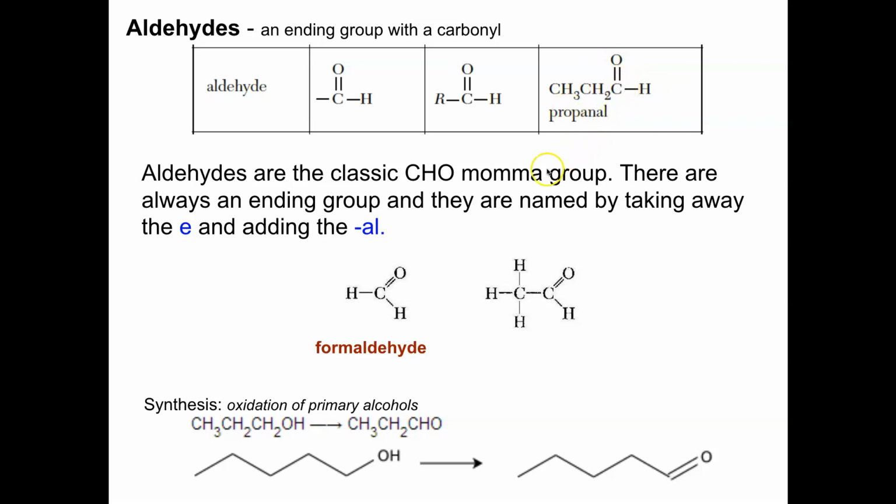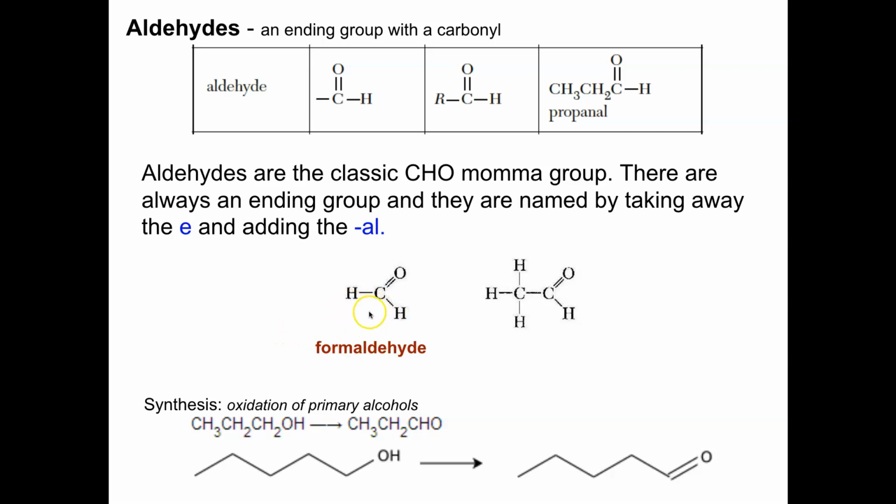And we take the E away, and we add al for aldehyde, and we don't need a number. This is a formaldehyde. This is a compound we use to prevent the decay of organic molecules. So a lot of times you'll see samples dipped in formaldehyde to prevent the samples from decaying. Now you don't use the samples anymore, and this has been deemed a carcinogen, so you don't see this as much. But formaldehyde was a common name.